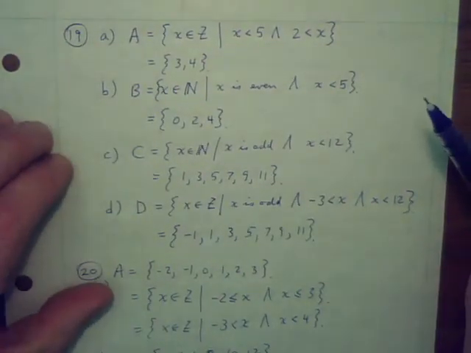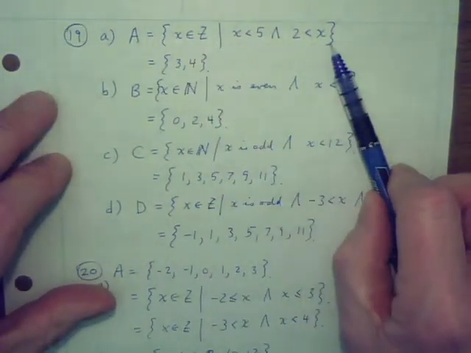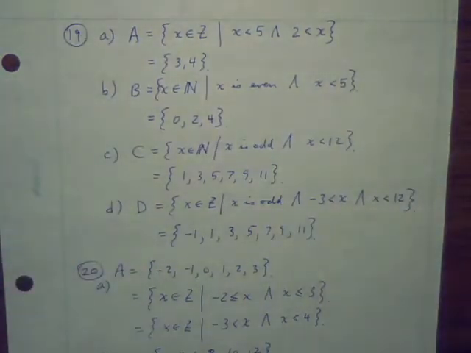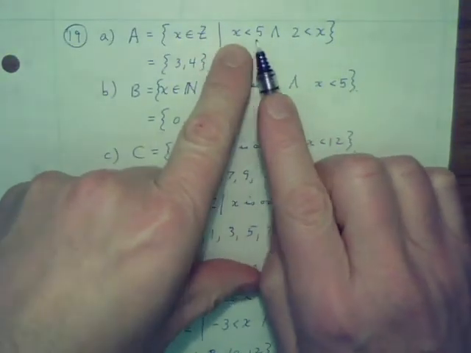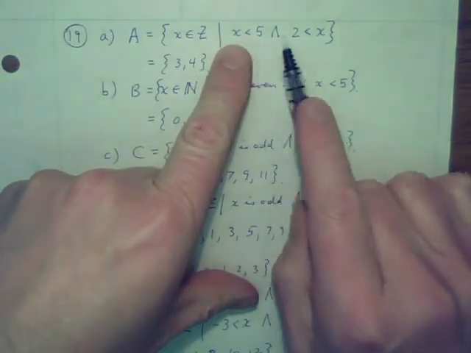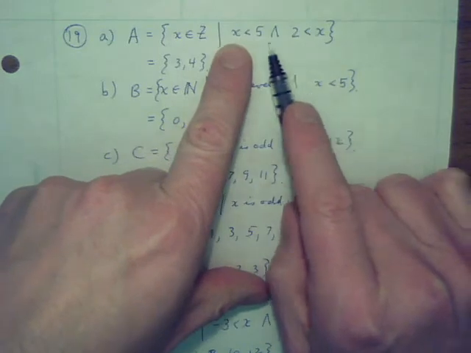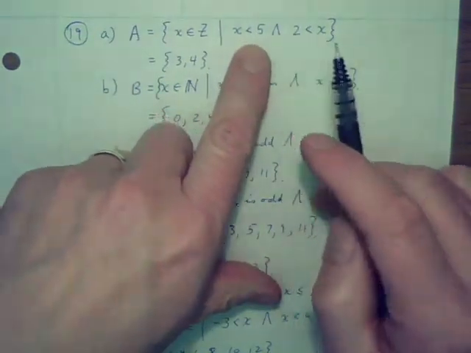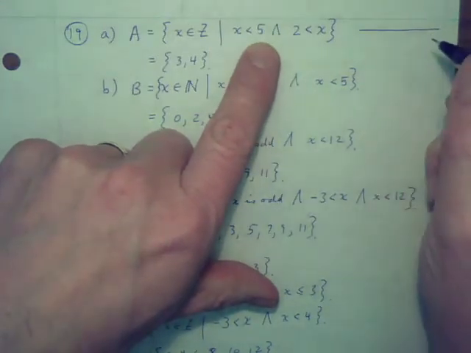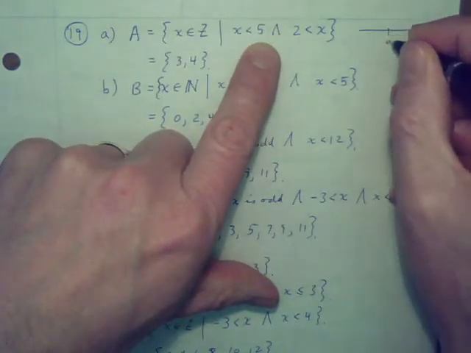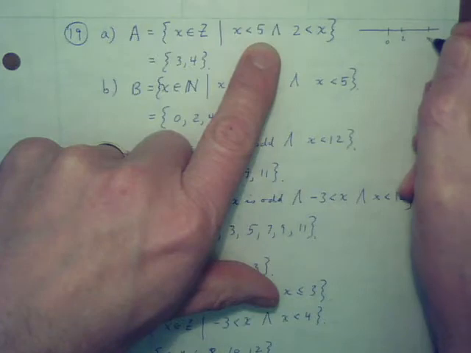On 19, here I'm copying down the problem. When I have this less than, where it's got to be both less than one number and greater than another, it can be very confusing, so what I tend to do is draw a little number line here. So here's 0, here's 2, here's 5.